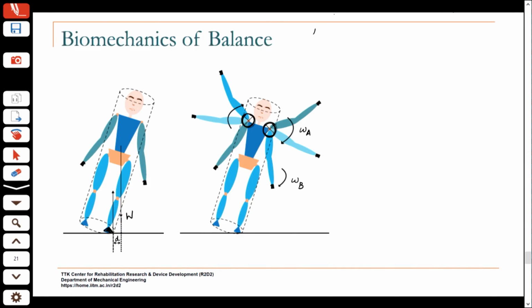So, approximate the body as a cylinder plus wheels with axis at the shoulder.